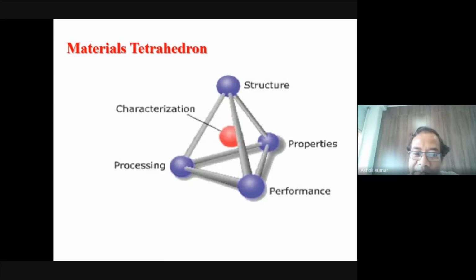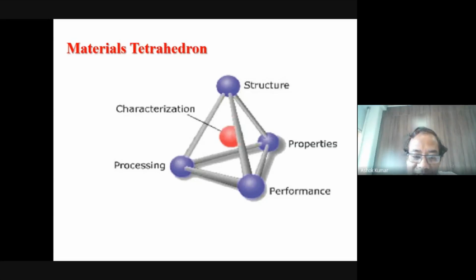Performance is related to properties, properties to processing, processing to structure. Everything is connected in this tetrahedron. That's why everyone says that as good as you understand the tetrahedron, you are that good a material scientist. Your understanding of the tetrahedron is directly proportional to your expertise in material science.